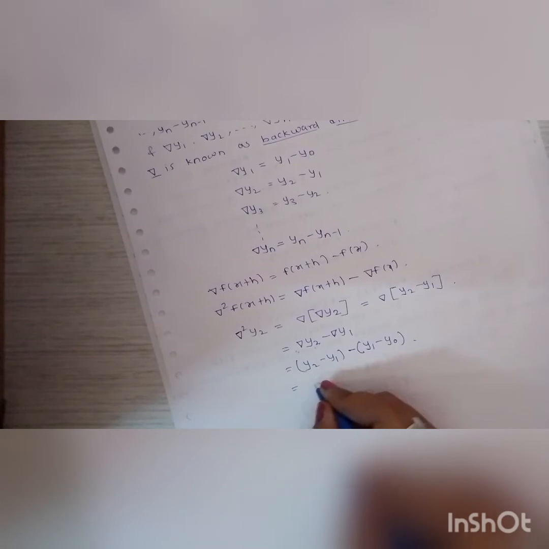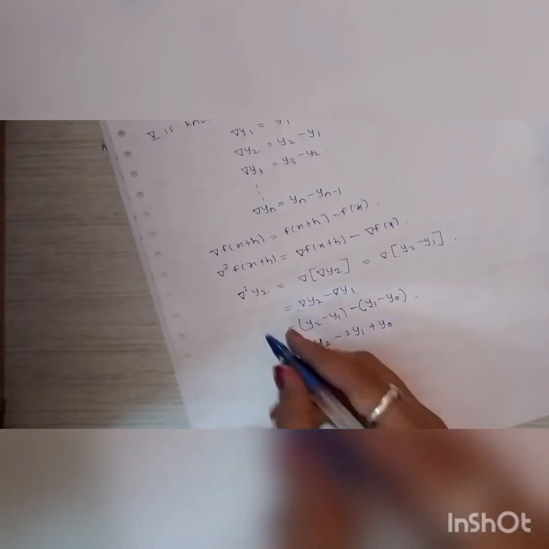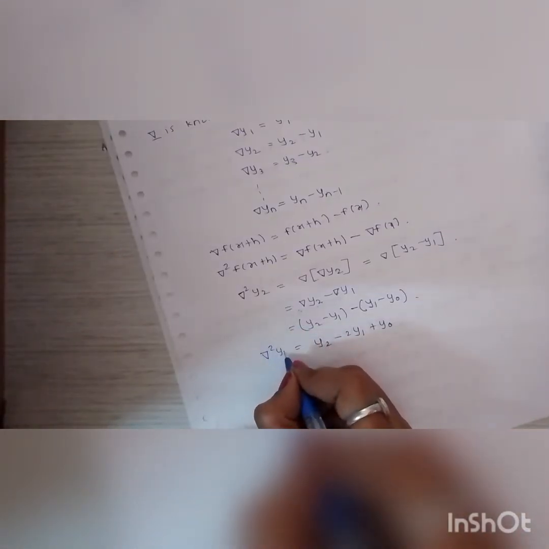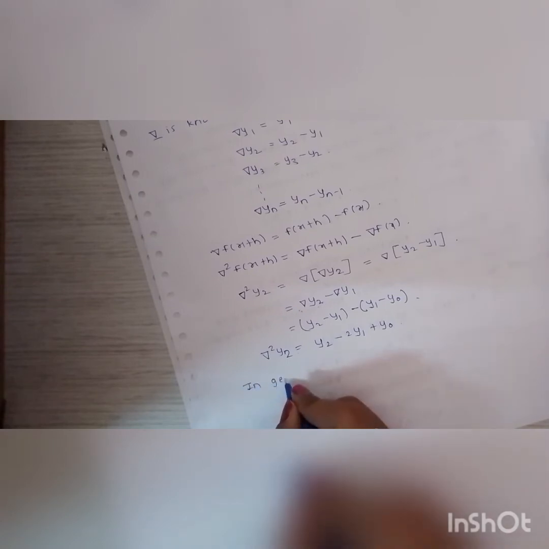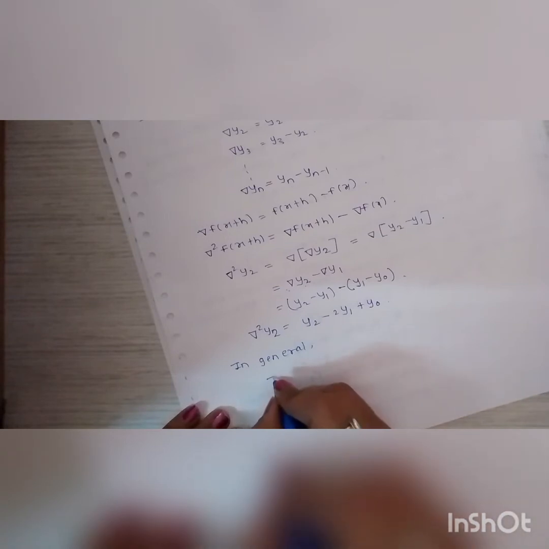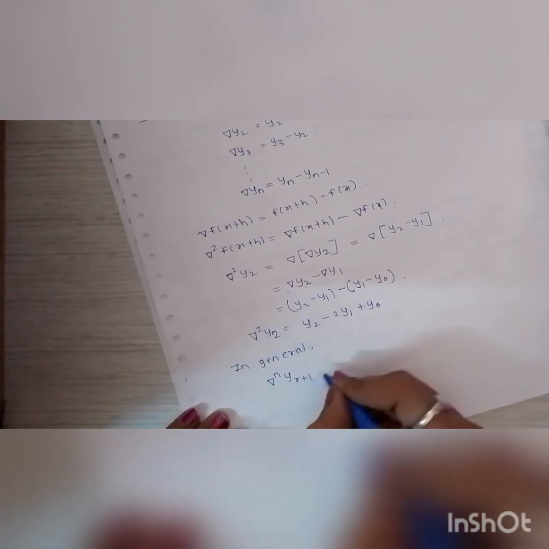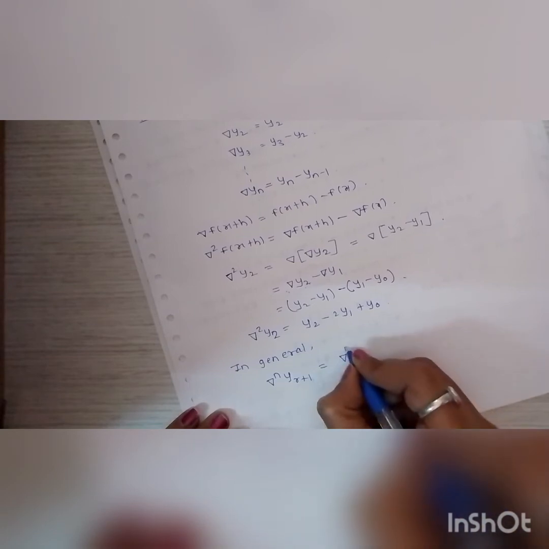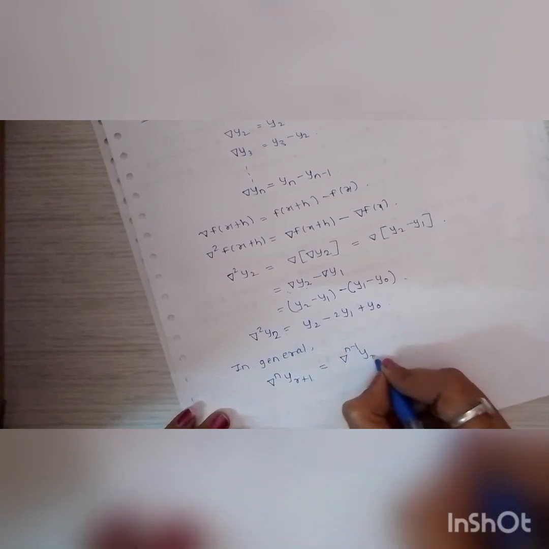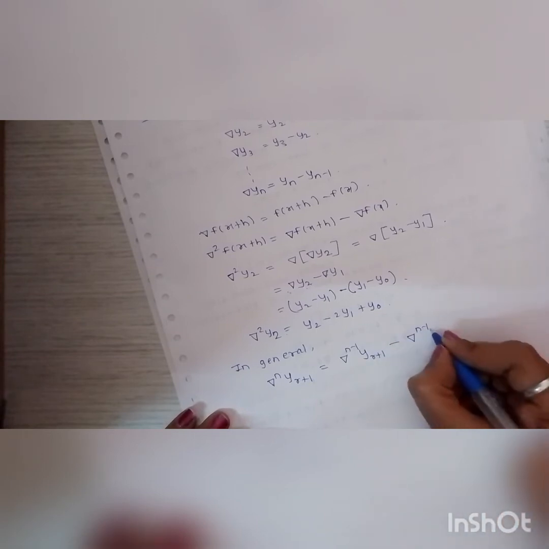After solving this, we get y2 minus 2y1 plus y0. Therefore, in general, we can write del to the n of y r plus 1 equals del to the n minus 1 of y r plus 1 minus del to the n minus 1 of y r.